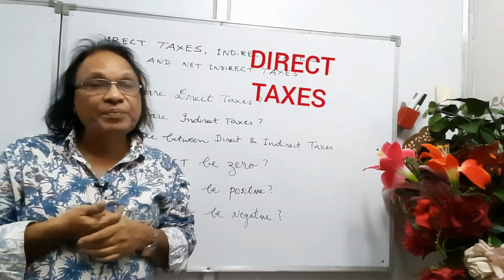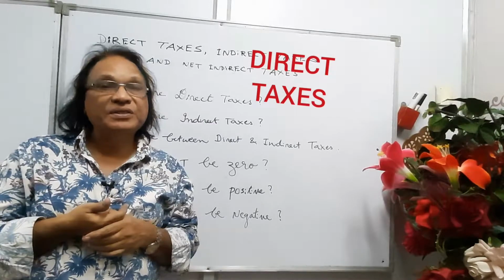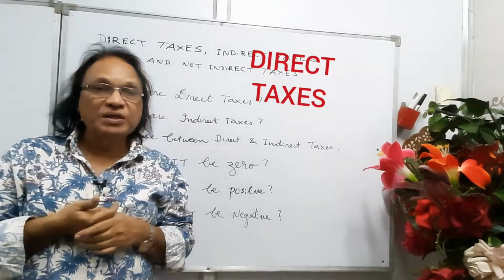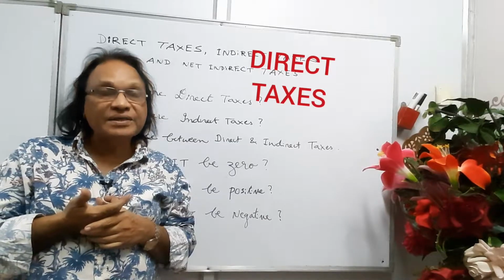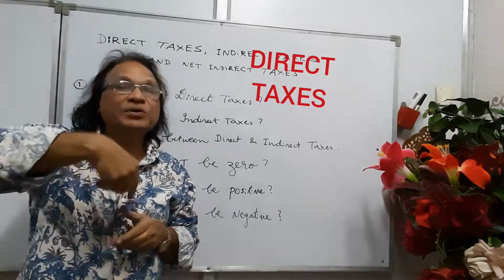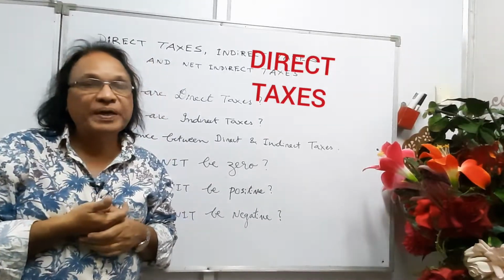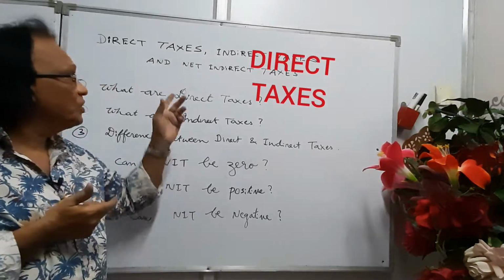What exactly does it mean? Let's take an example. If your dad is earning a lot, obviously the government imposes income tax on him. The tax liability is on your dad, and the burden will also be on your dad. He is liable to pay direct tax to the government. That's income tax. So how do you define direct taxes?